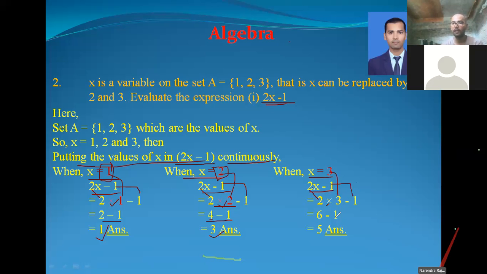And then 2 3s are 6, minus 1. When 1 is subtracted from 6, we have 5 as our answer.